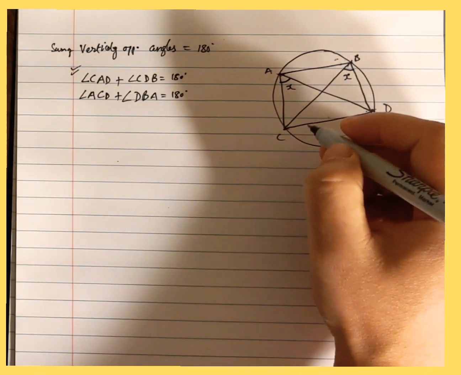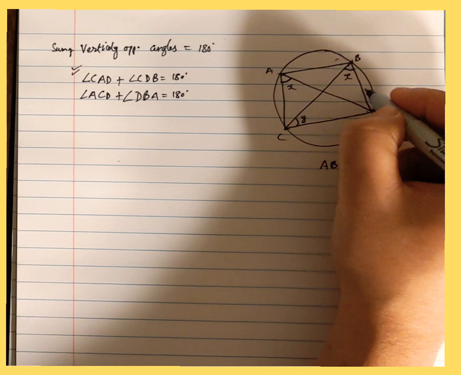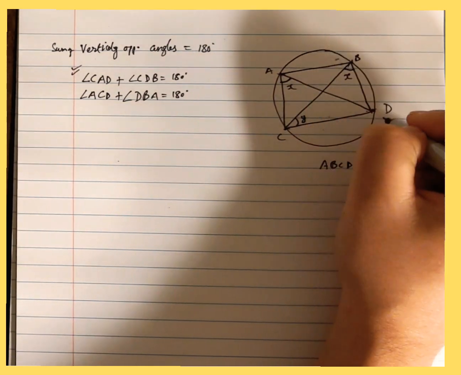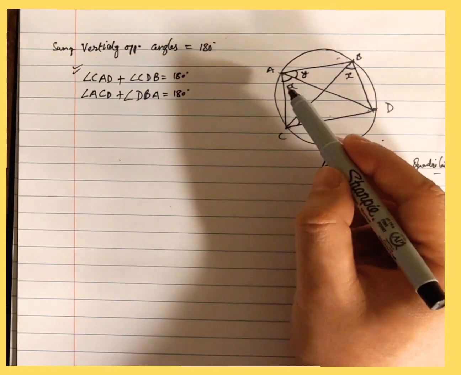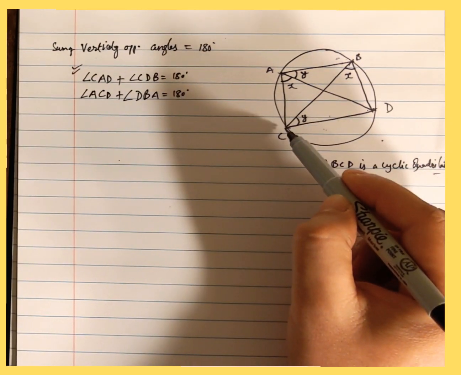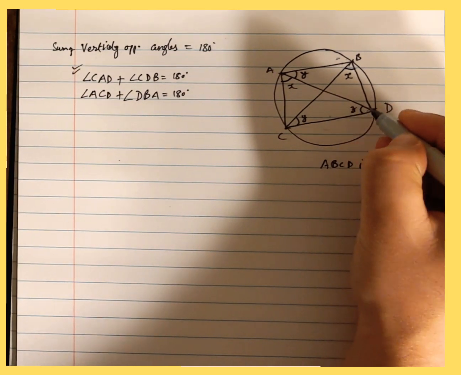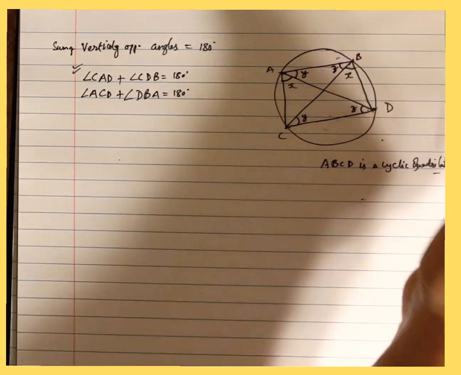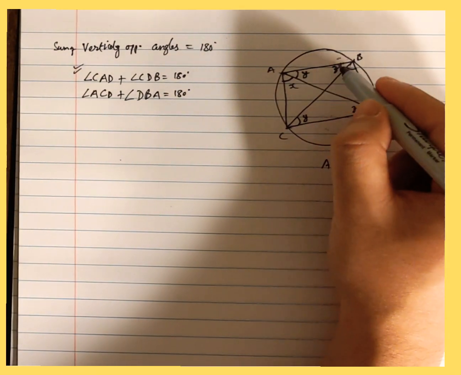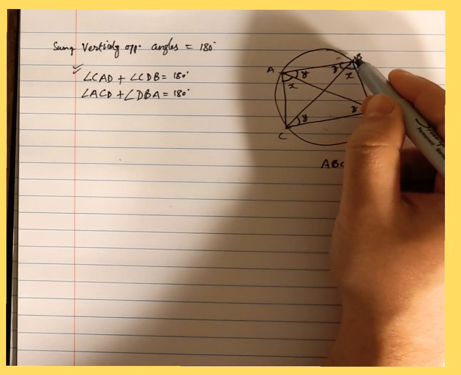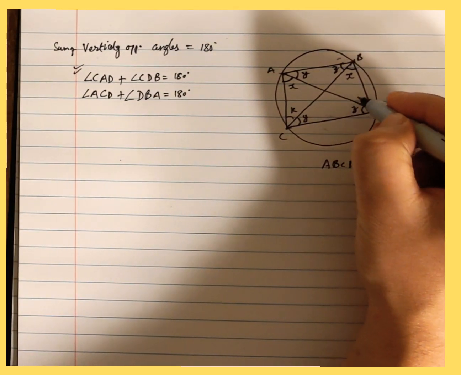BD subtends, say, Y here, and the same BD also subtends angle BAD, so that is also Y. AC subtends angle ADC and also angle ABC. So let's call this Z, and this also is equal to Z. Same way, AB subtends angle ACB and angle BDA. So we can call it K, and this is also K.